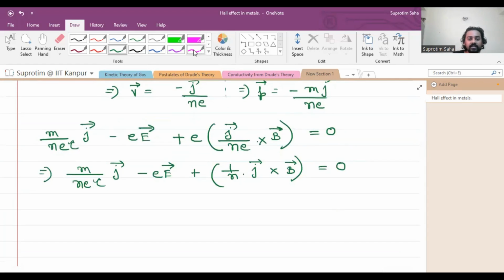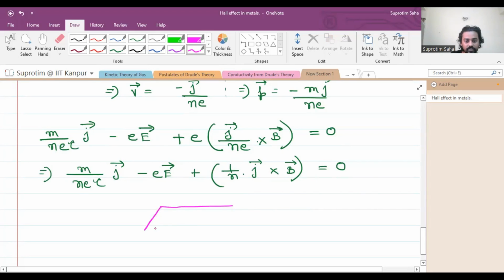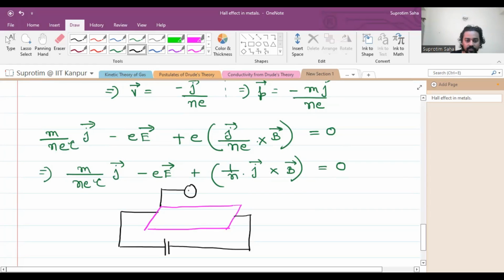So let me put in the directions of these vectors. We draw the experimental setup once again. This was your sample. You are sending in current across it, and you measure the voltage in this direction.